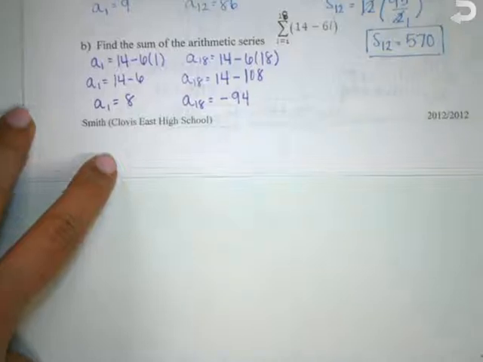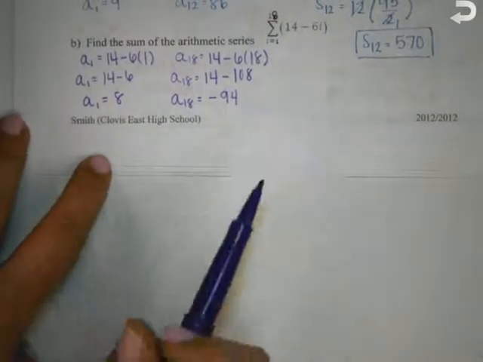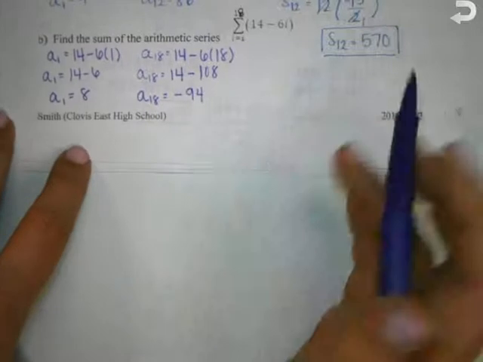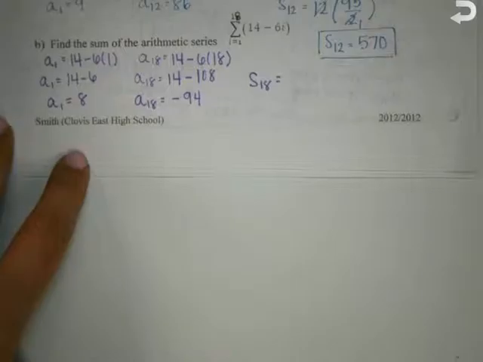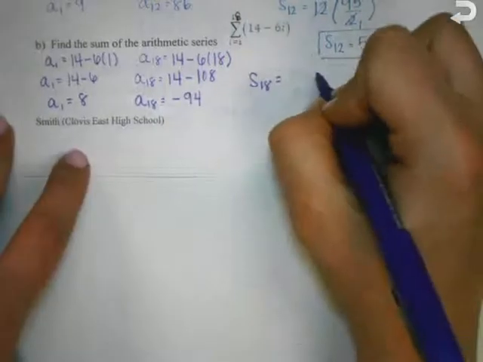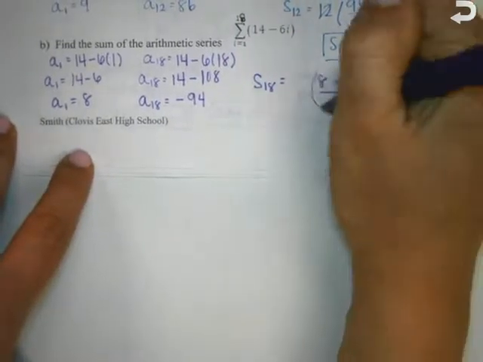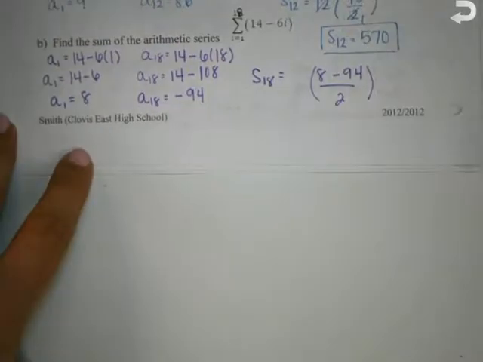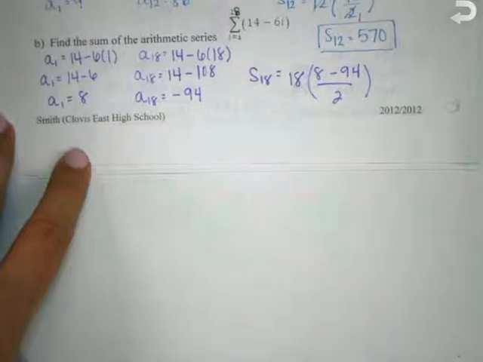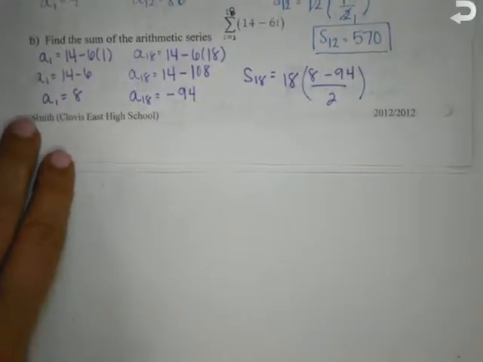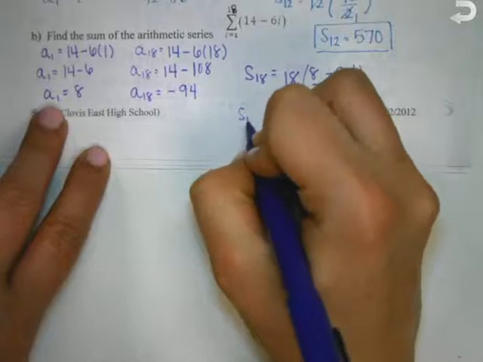Okay, so we take these and plug them back into the formula for the sum. So the sum of the first 18 terms, we take the first and last terms and find their mean, so we add them together and divide by 2, and then multiply by the number of terms. The number of terms we are adding is 18. So S sub 18 gives me 18 times negative 86 divided by 2.